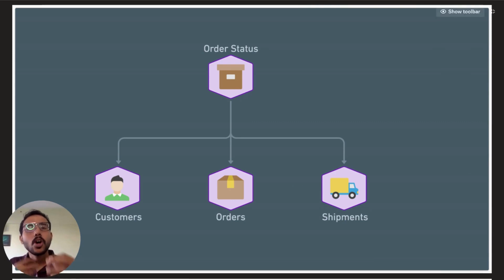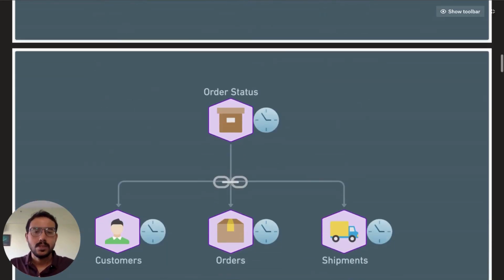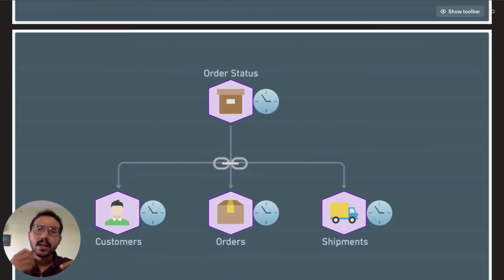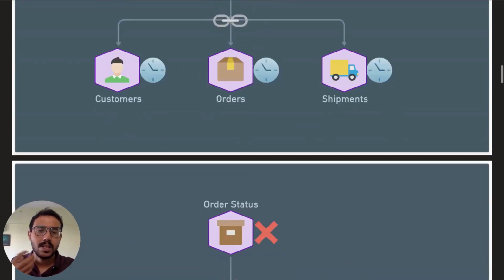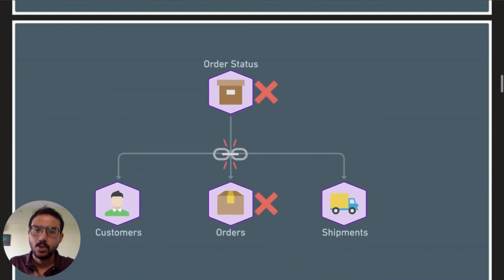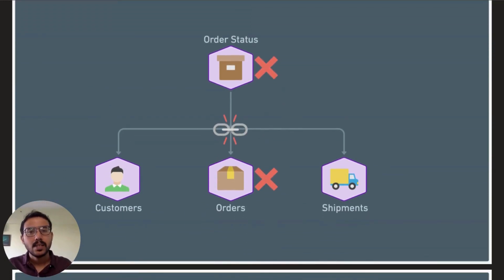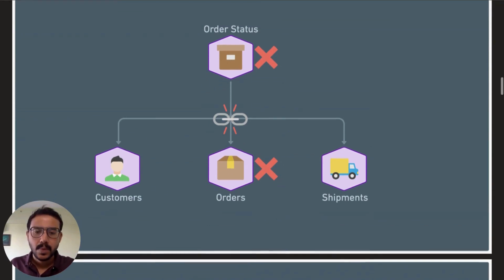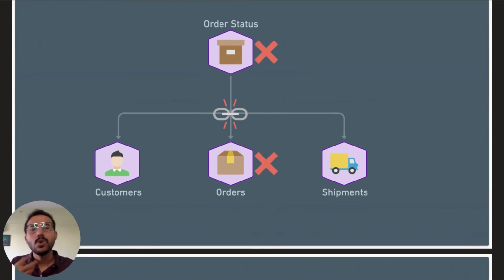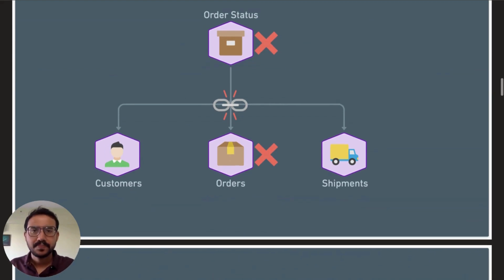This creates a lot of coupling between the sources, like tangled headphone wires. So let's say one of your microservices decides to go take a coffee break and goes offline. In that case, the whole order status task would fail. What if there is a more flexible way to make the system more flexible?